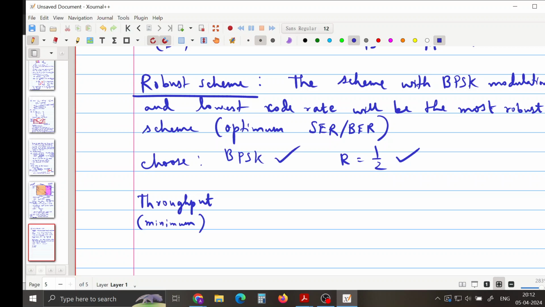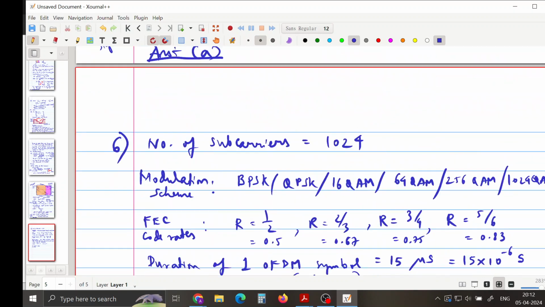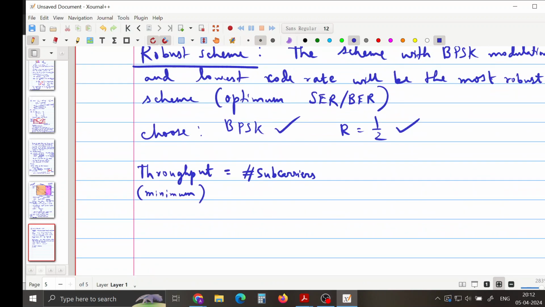As we go on the higher throughput side, we'll have to compromise on the error performance. Okay, so throughput: first of all, we have to see the number of subcarriers. How many data subcarriers are there? So in the question, I think it is 1024, because those many subcarriers are carrying your data, times the code rate. Okay, so in this case it is half.